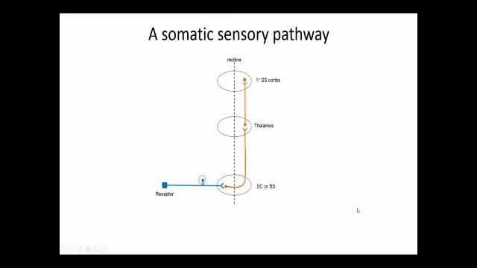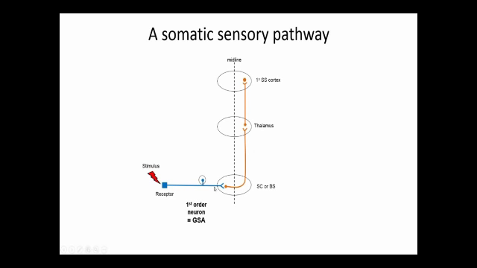The pathway starts with a stimulus, and that stimulus is detected by the receptor here, which is on the end of this first neuron, which is our first order neuron, also known as a GSA.